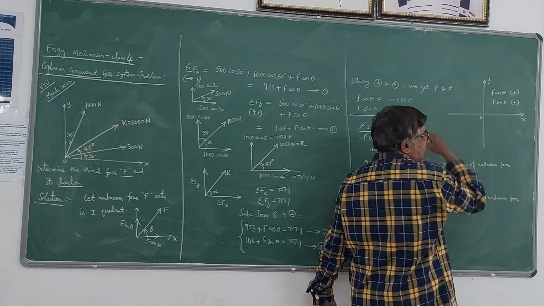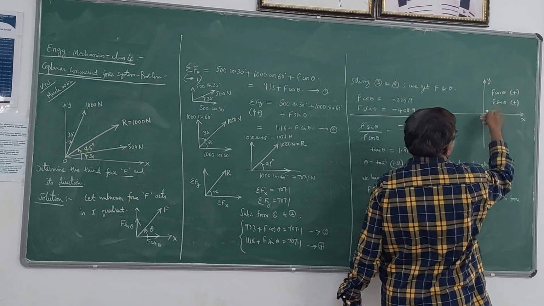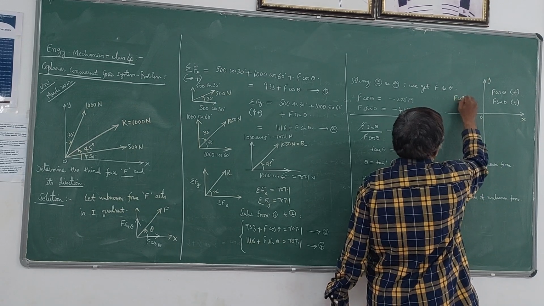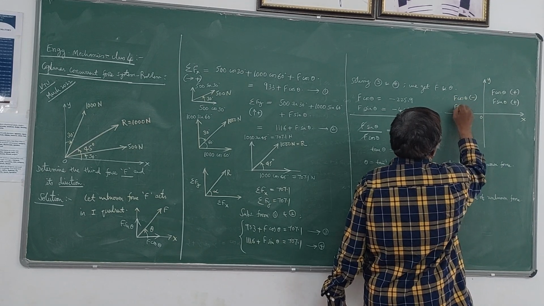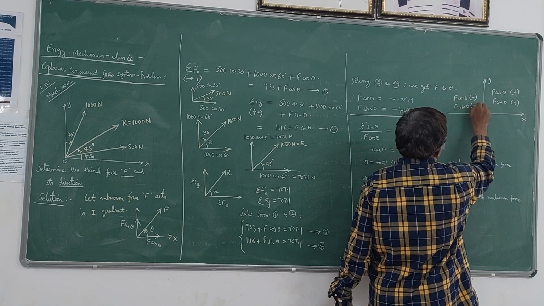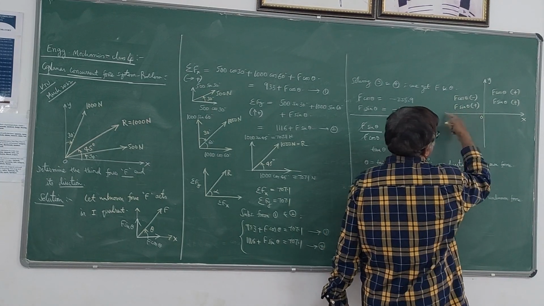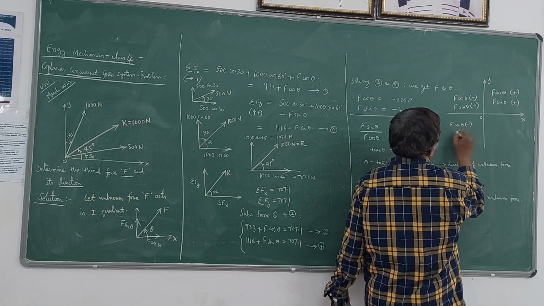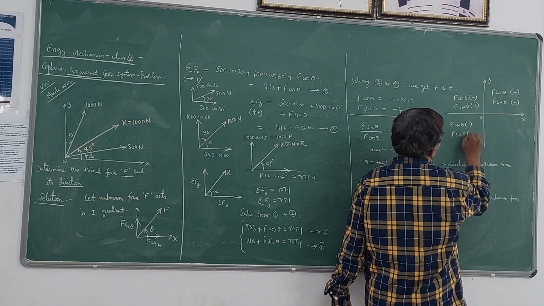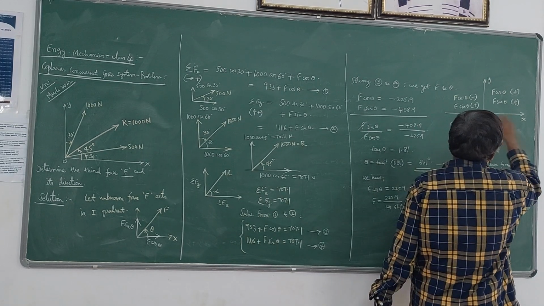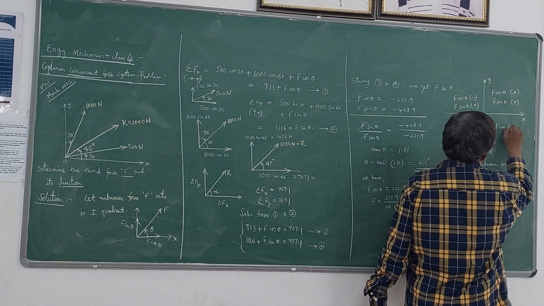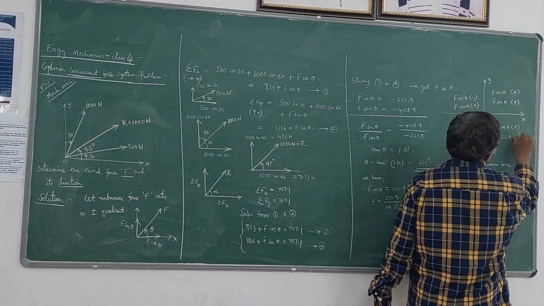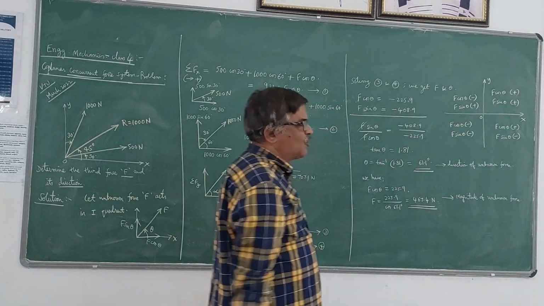In the second quadrant, F cos theta will be negative, the x component will be negative, and the y component will be positive. In the third quadrant, both x and y components are negative, so F cos theta and F sin theta are both negative. In the fourth quadrant, the x component will be positive, whereas the y component will be negative. So this is how we decide in which quadrant that unknown force F lies.